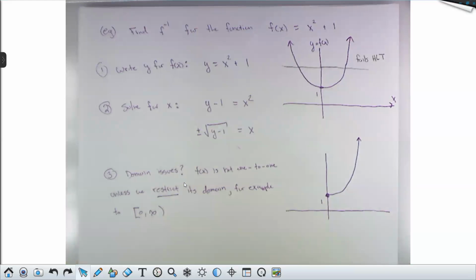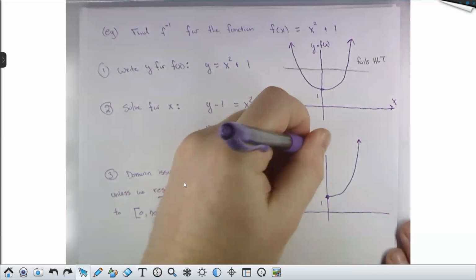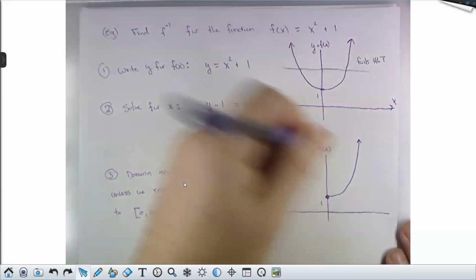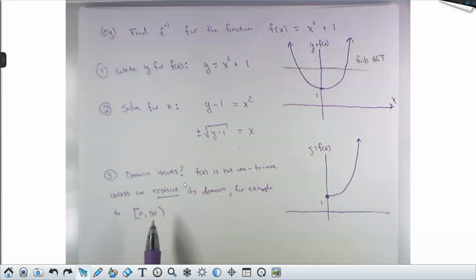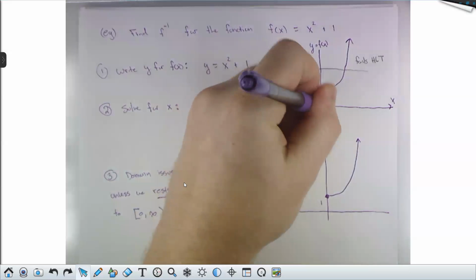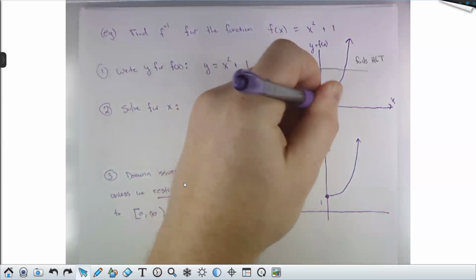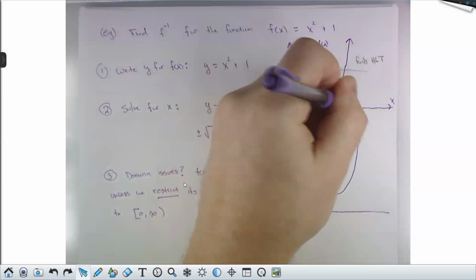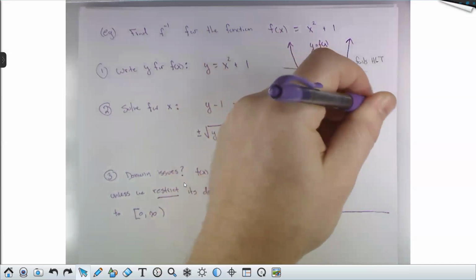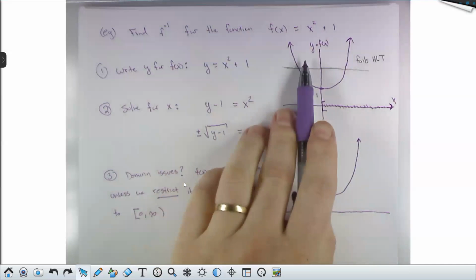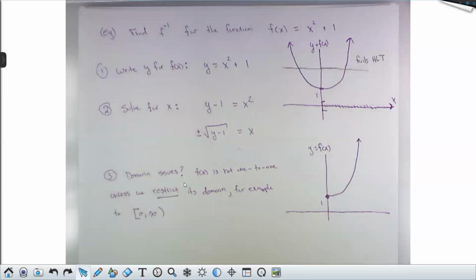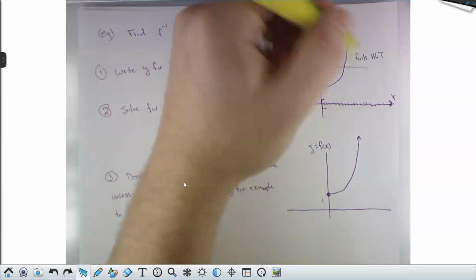This is what you get when you restrict the domain. I've restricted the domain to this interval, right? Which is this interval of x values over here. So I'm going to hold on to all of this stuff, but I'm going to throw away all of this stuff. The piece over here on its own is 1-to-1.